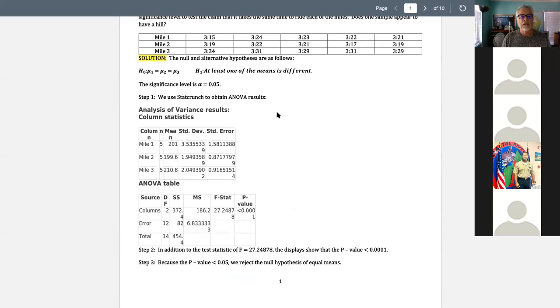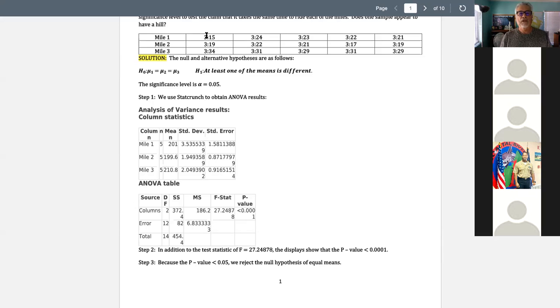And what I've done here is I've converted these times, which are displayed as they normally would be in any type of bicycle race or foot race in minutes and seconds, to seconds. So these means are given in seconds.